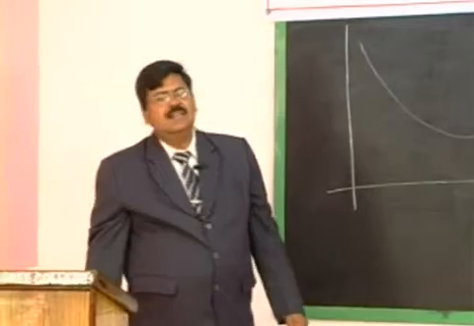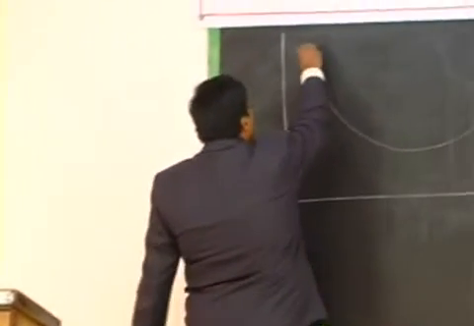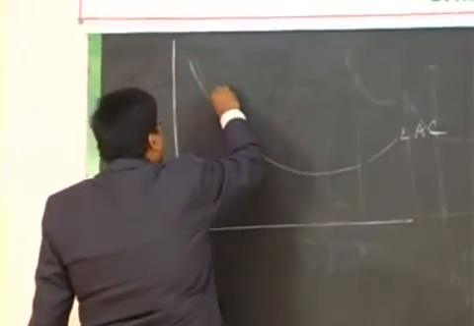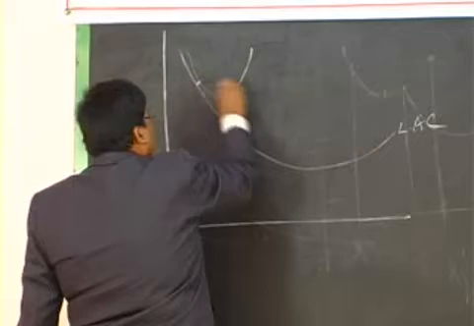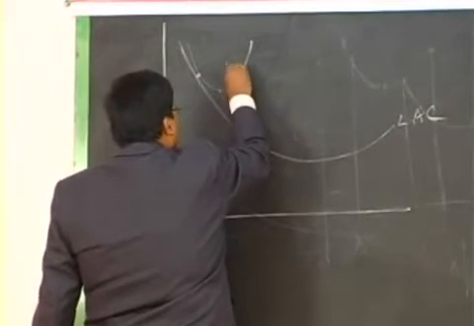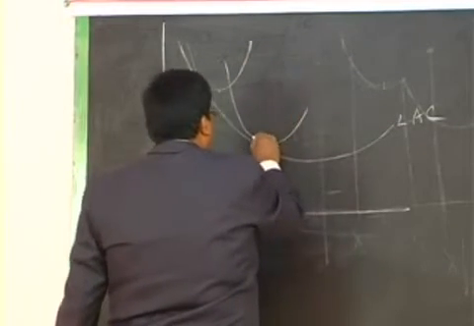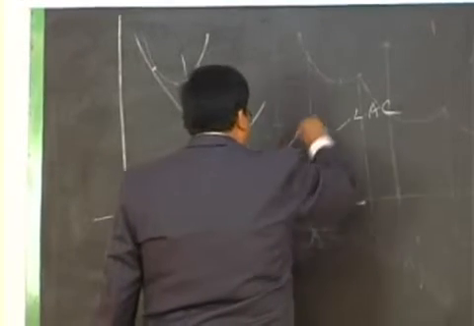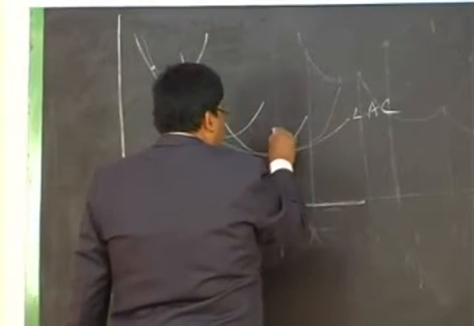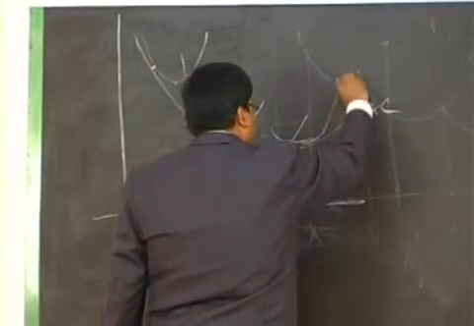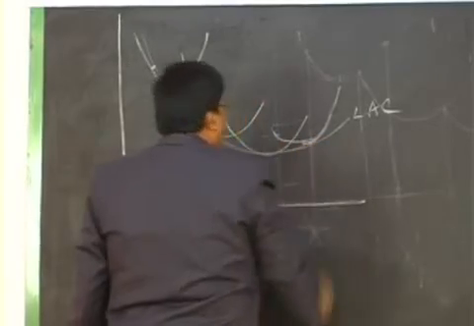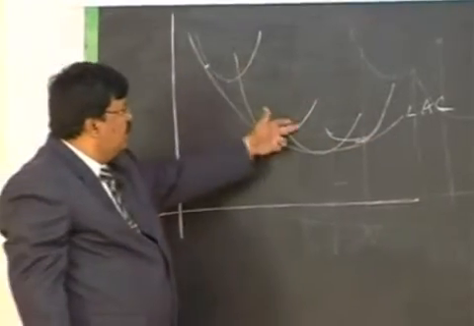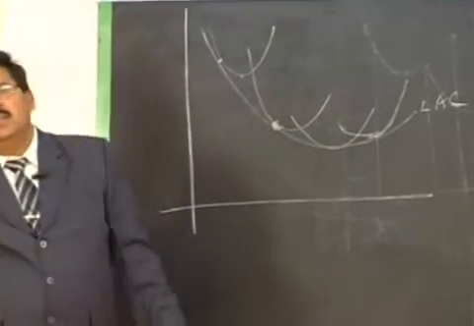Let us derive the LAC. For example, it envelopes the short-run situations. So there are, say, 1, 2, 3, 4 plants given.